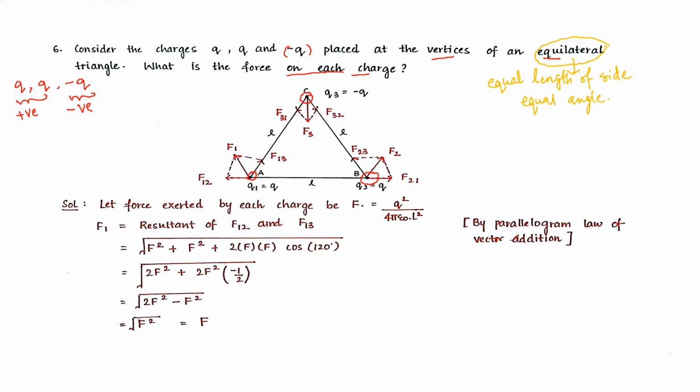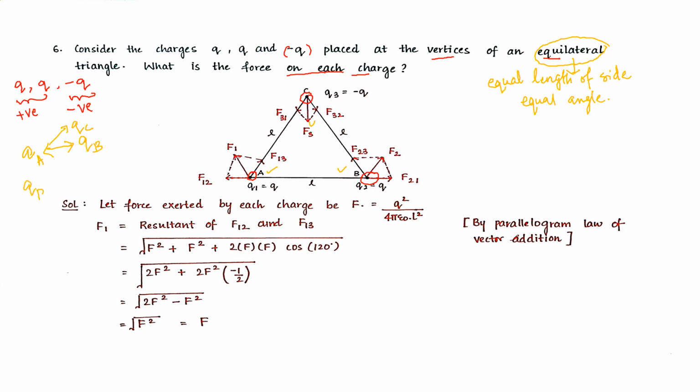Now in this question we have to determine the force of Q placed at A, Q placed at B and Q placed at C in between themselves. Okay, see, Q placed at A will have some force with the Q which is placed at B and with the QC.